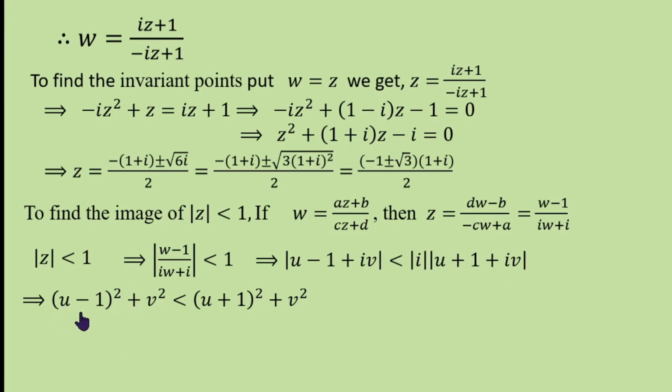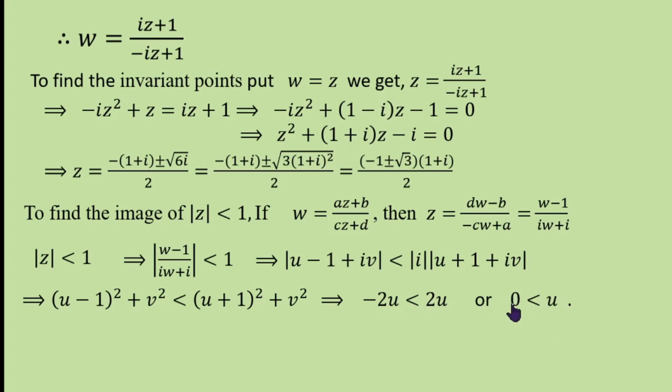U square minus 2u plus 1 plus v square less than u square plus 2u plus 1 plus v square. Cancel v square, u square and 1. Minus 2u less than 2u means 4u is greater than 0, which is nothing but u greater than 0.